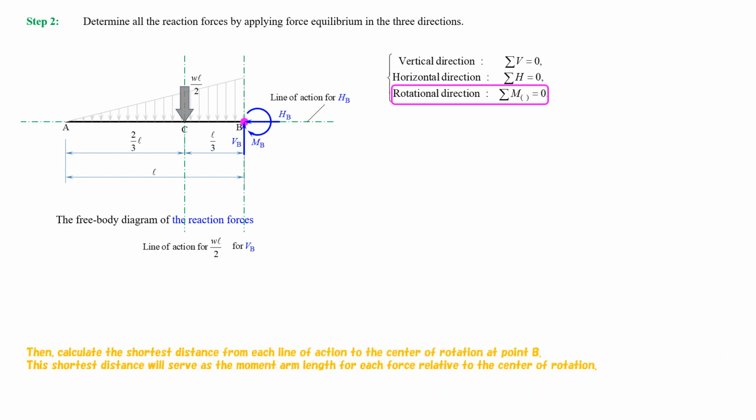Then, calculate the shortest distance from each line of action to the center of rotation at point B. This shortest distance will serve as the moment arm length for each force, relative to the center of rotation.